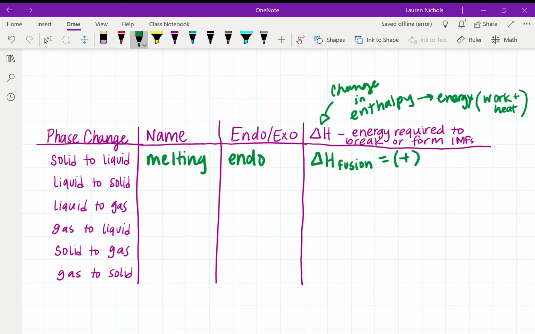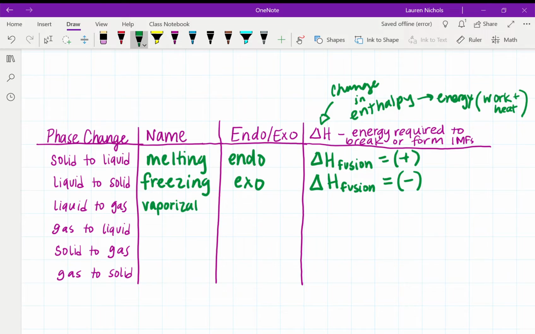Now, the reverse of melting, going from a liquid to a solid, is freezing. This is going to be an exothermic process, which means it still involves the same amount of energy, delta H, but it's being released, so it's negative. When we change from a liquid to a gas, that is vaporization, which can be boiling or evaporation, and it is an endothermic process.